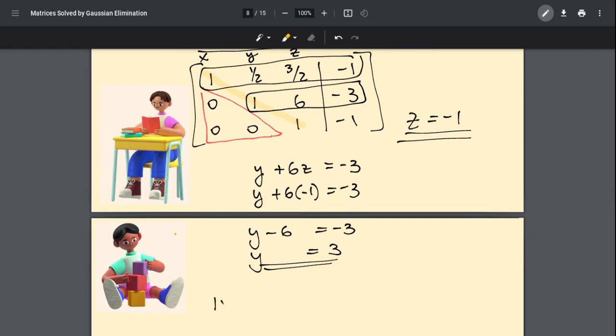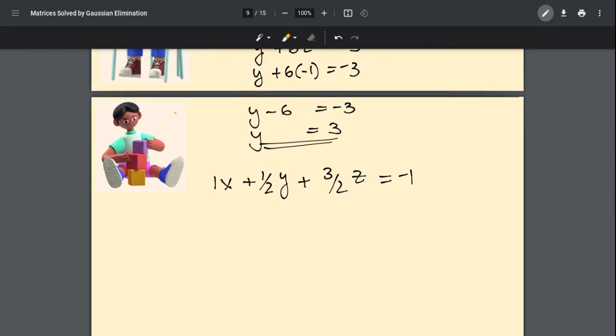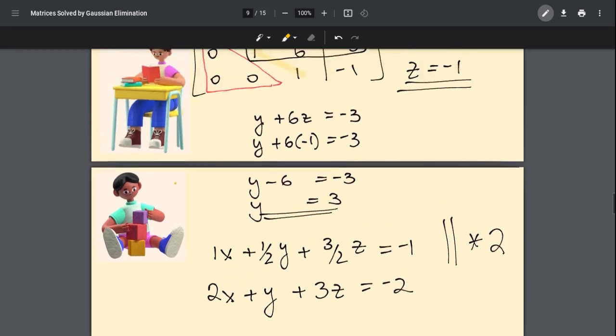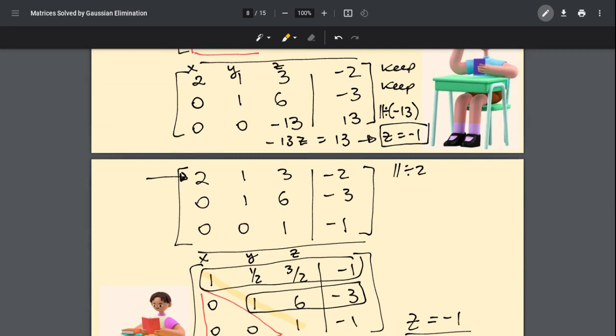So it's 1x plus 1/2 y plus 3/2 z equals -1. It is easier to just go with the integers, of course, but who cares? Make it an integer. Here, times 2, each term multiplied by 2, that would be 2x plus y plus 3z equals -2.